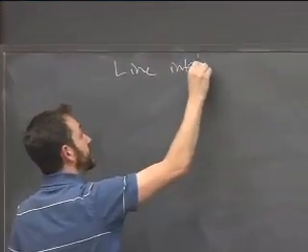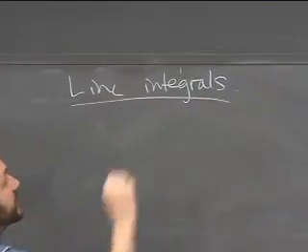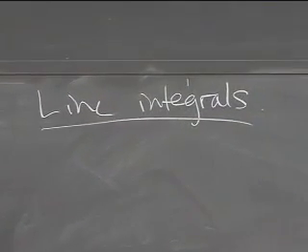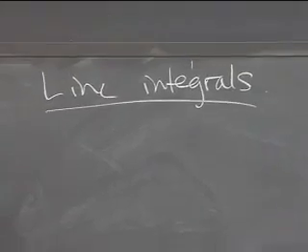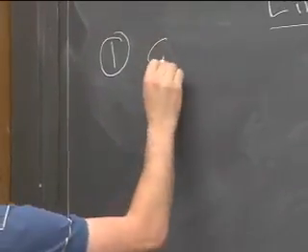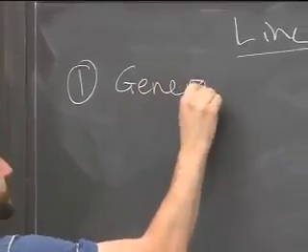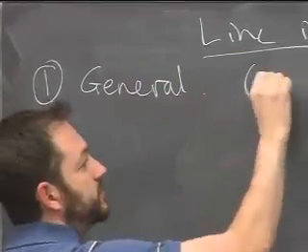I talked last week at considerable length, and as I said, with a little bit of muddle, about line integrals. So here is the basic synopsis. The first thing I'd like to remind you is the idea of general line integrals, i.e. 2D or 3D.